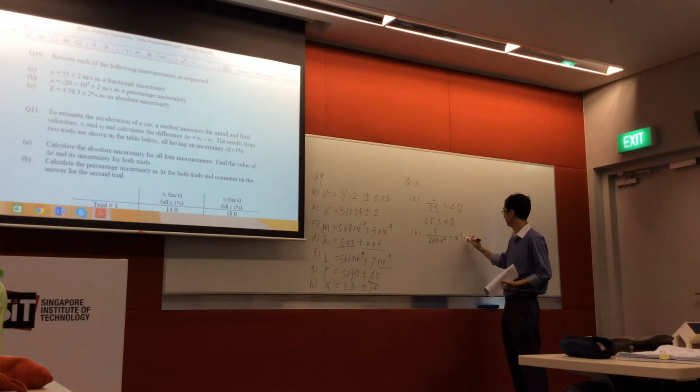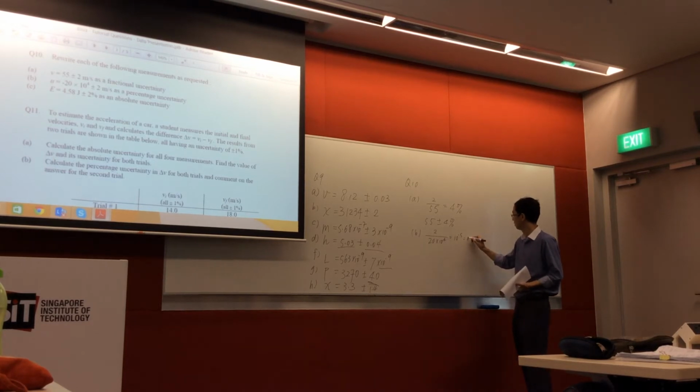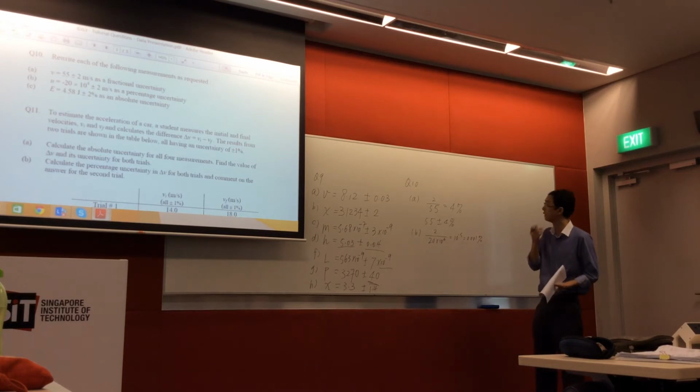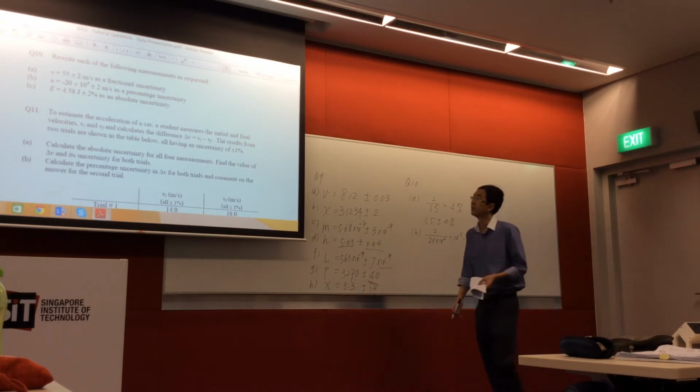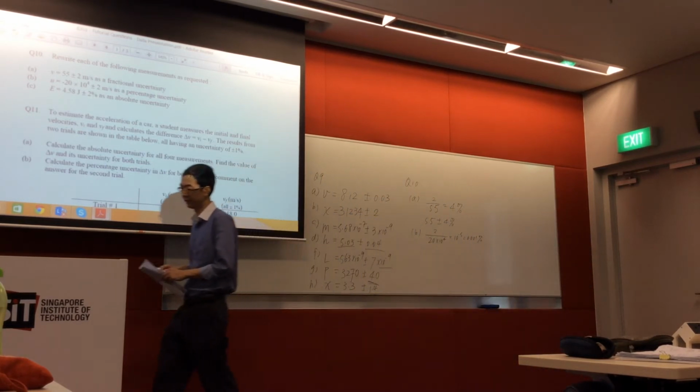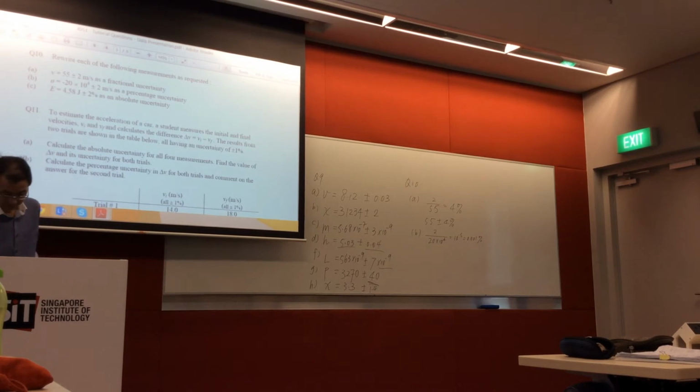So this one will be 0.001%, which is 10 to the power minus 3 percent.